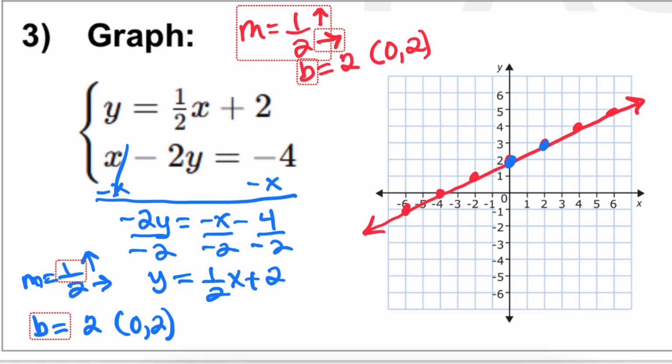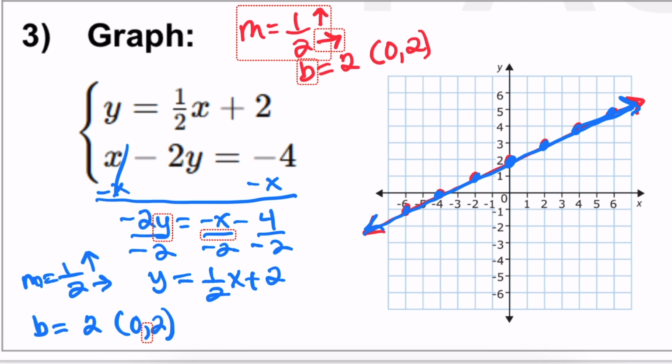Up 1 to the right 2, and then reverse it. Now you can see these two equations are overlapping at every point. So they are the same line.